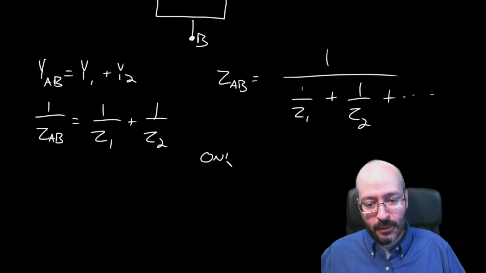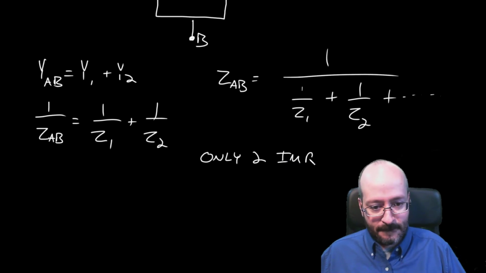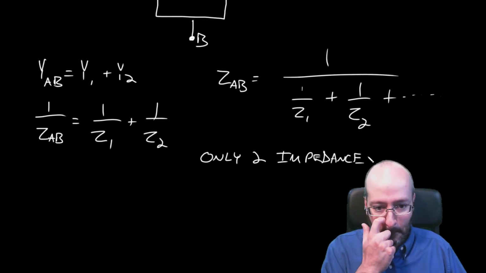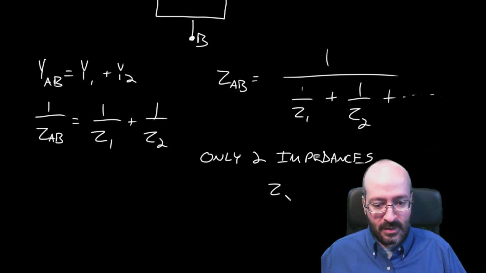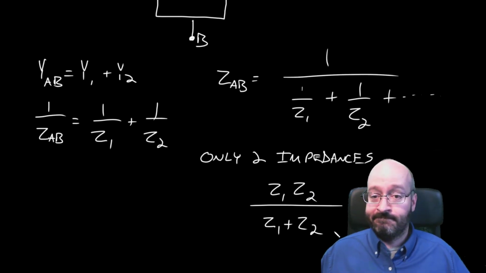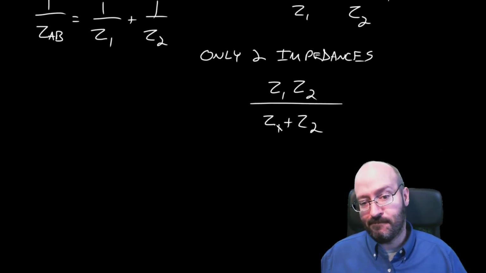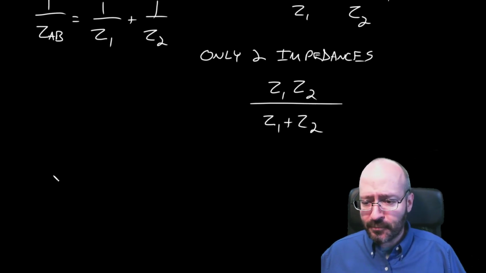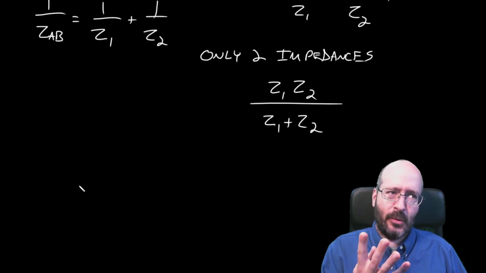For only two impedances, we can use product over sum. Okay, Z1 Z2 over Z1 plus Z2. Look familiar?